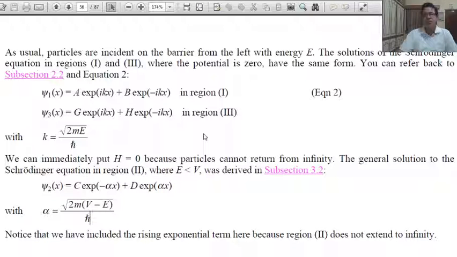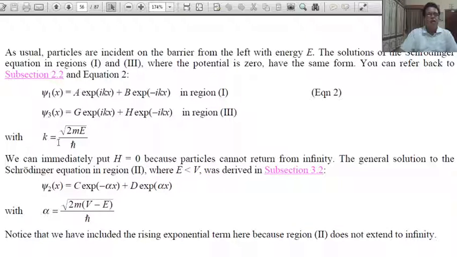Incident energy is E. The solution of the Schrodinger equation in regions 1 and 3, where potential is 0, has the same form as we had for the potential step. That means psi 1(x) equals A exp(ikx) plus B exp(-ikx) in region 1, and psi 3(x) equals G exp(ikx) plus H exp(-ikx) in region 3.